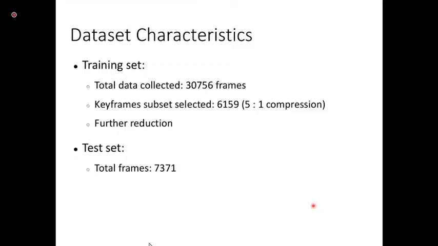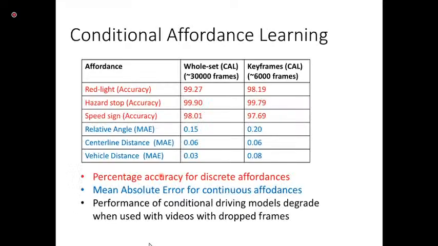Okay, so now some results. So we collected about 30,000 frames, and then out of that we collected these keyframes, and there are about 6,000 of them. Okay, and basically our test set is 7,000 frames.